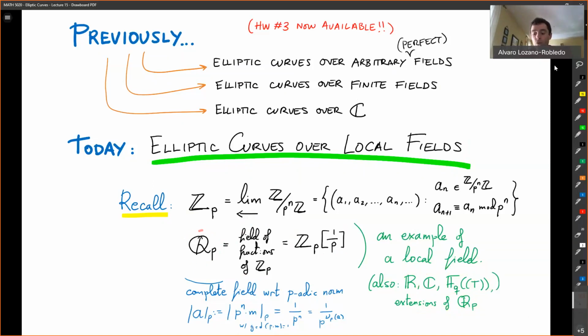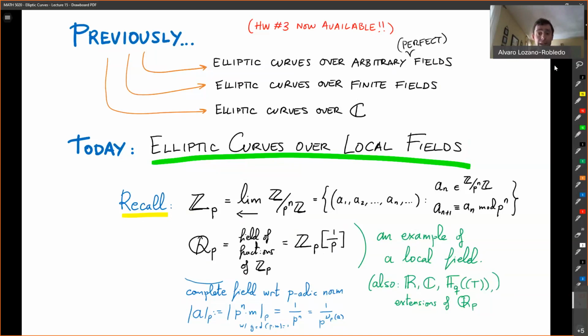The property that we need about local fields is that they're complete with the p-adic norm. The p-adic norm being, if you take a number a, an integer or a rational number, you can factor it as a power of p times something that is relatively prime to p, and then the norm is 1 over p to the n, or 1 over p to the p-adic valuation of that number a, with the highest power of p that divides a.